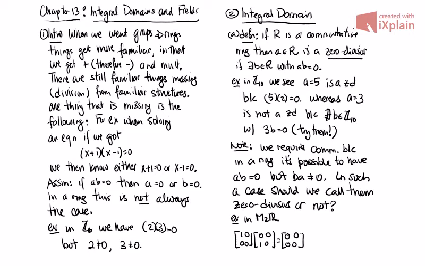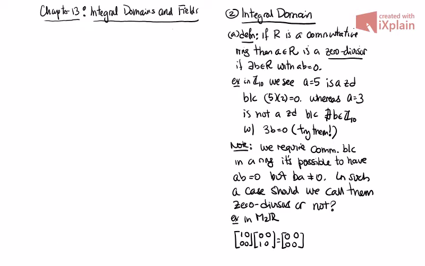But if you look at, say, the reverse, [0 0; 1 0] times [1 0; 0 0], in that case, we get [0 0; 1 0].